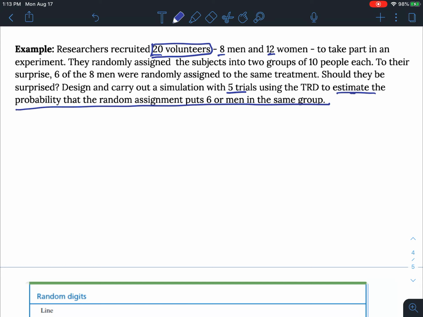This is always hard for me to grade because there are so many different situations here. But let me show you a few examples of how you could assign the appropriate digits. Since there are 20 volunteers, one thing we could do is use all the digits from 1 to 20.